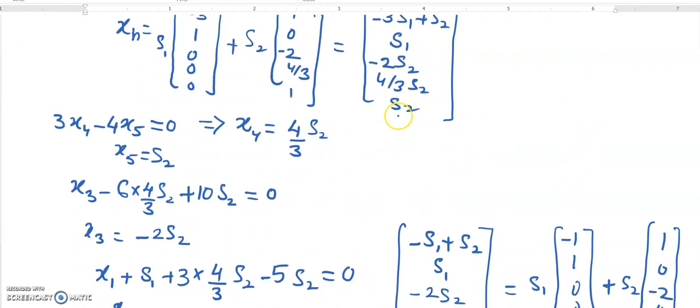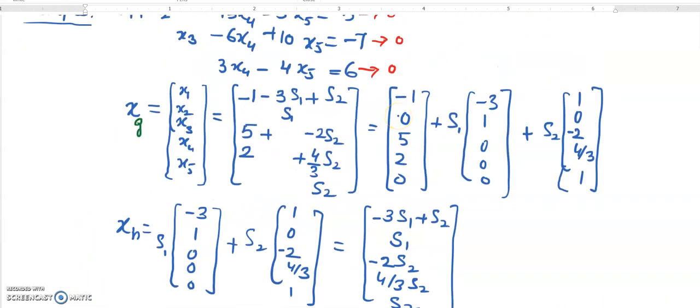So what I wanted to convey was that the homogeneous solution can be obtained from the general solution, and that will be in terms of the free parameters. So the term without the free parameters will not be in the homogeneous solution.